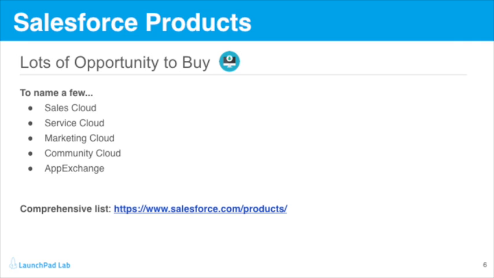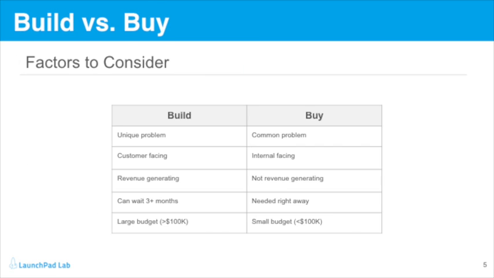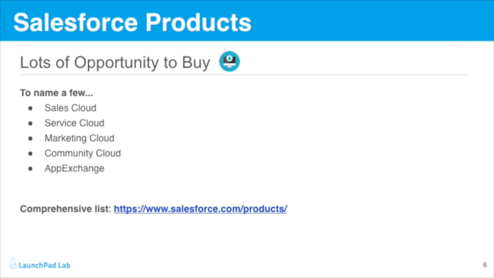Now, Salesforce offers a ton of products, and so really they're putting you in a position to buy. If you looked at this slide and thought, well, I really think we can buy for this application, Salesforce is putting you in a good position to do that. They have way more products than I could possibly list on this slide, but at the end of the day, they also have AppExchange, which is an ecosystem of thousands of apps for you to choose from.